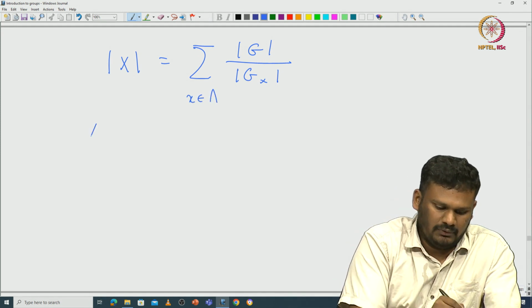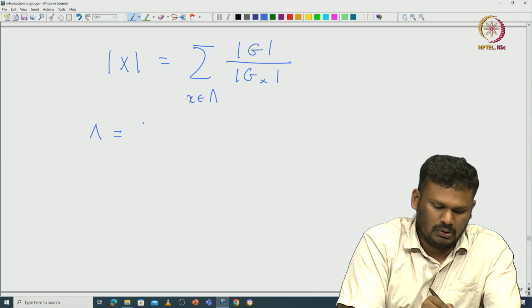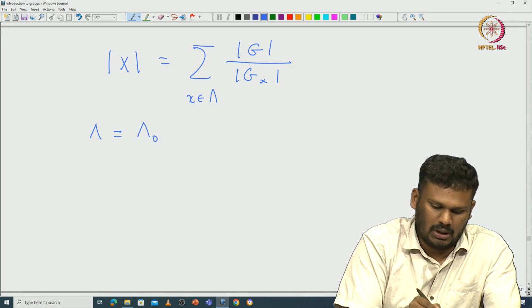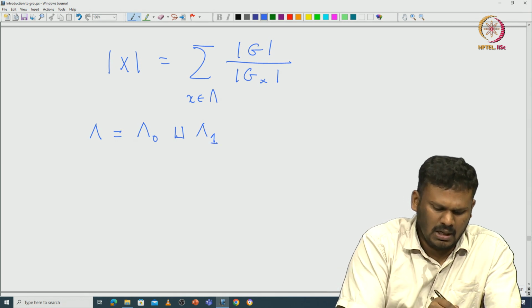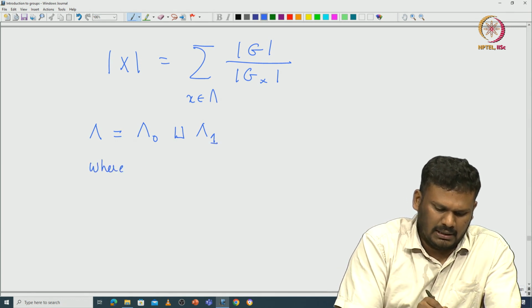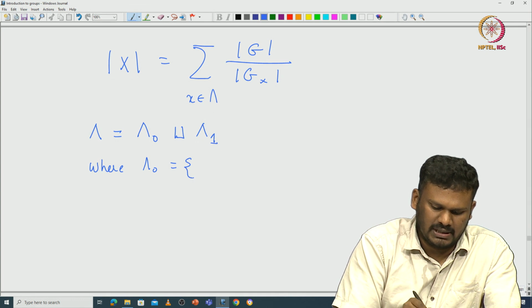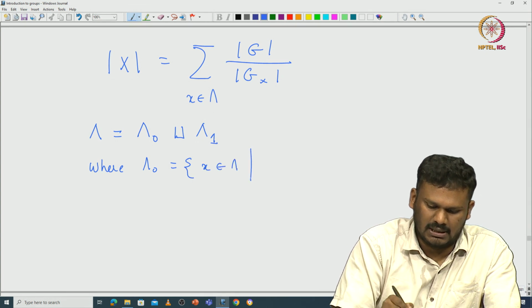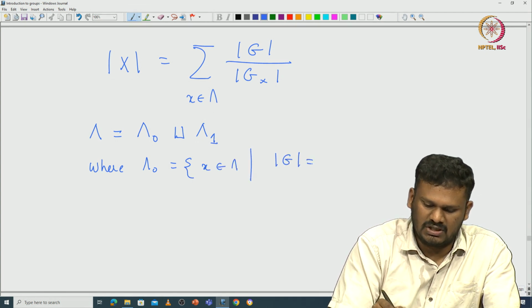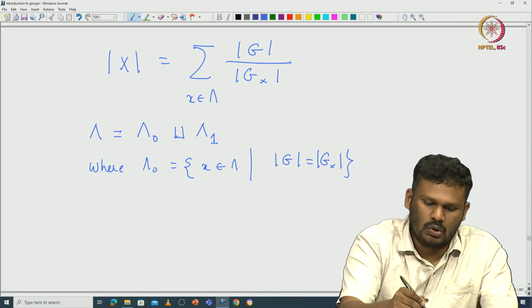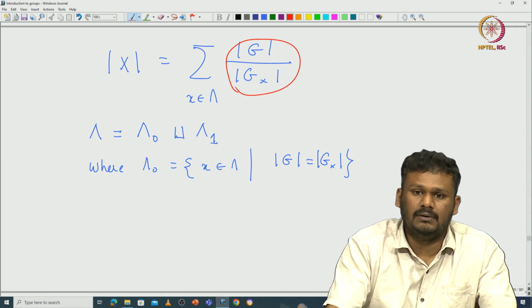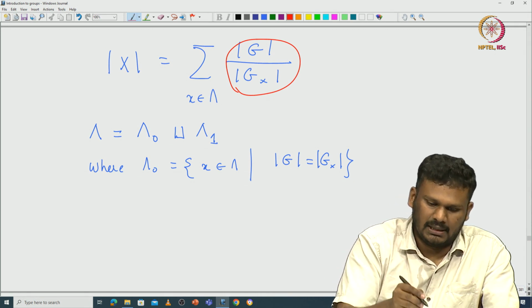Now, what we do is divide this capital Lambda into two sets, capital Lambda naught disjoint union capital Lambda 1, where capital Lambda naught is those elements x in capital Lambda such that the cardinality of G is the same as the cardinality of G_x. So, basically this quotient becomes trivial. And then what is capital Lambda 1?